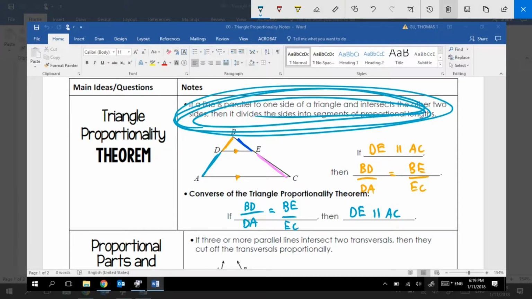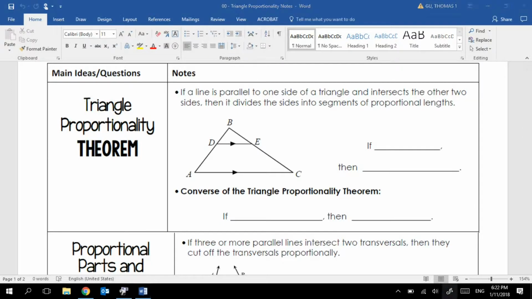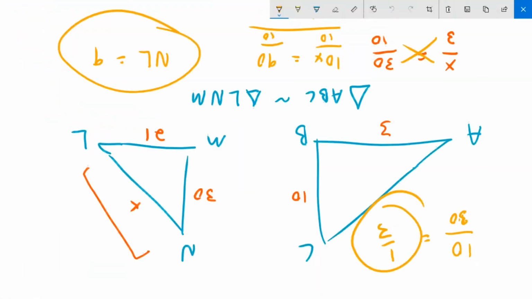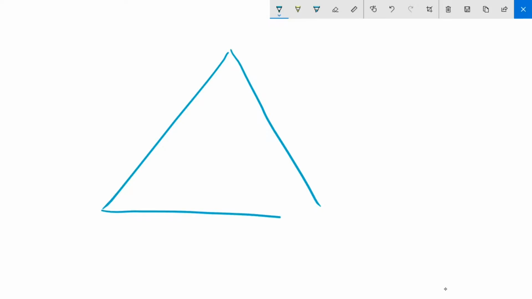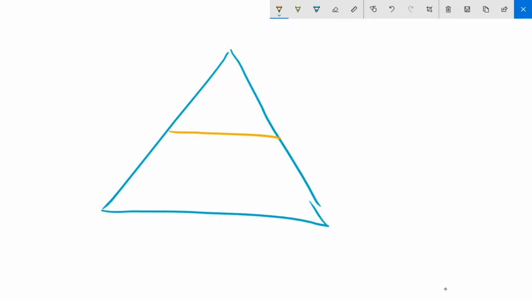And so, if you don't really understand the fancy way they wrote it, let me paint you a picture. Pretty much all this is saying is that let's say you have a triangle, there's your triangle. Let's say you got a line going through the triangle, and that line is parallel to another side, like this.